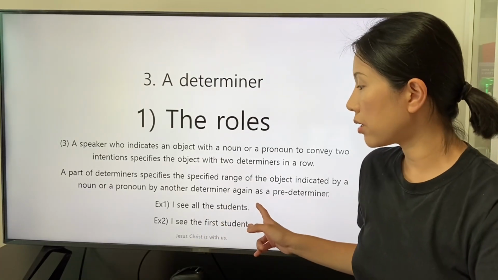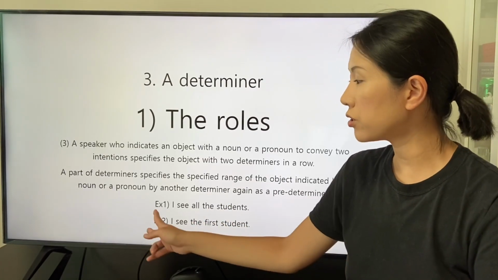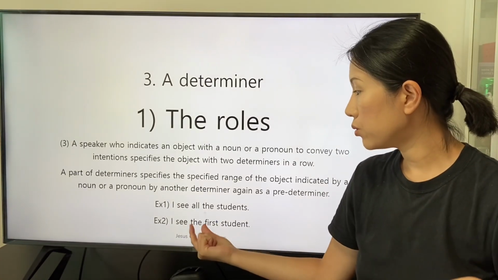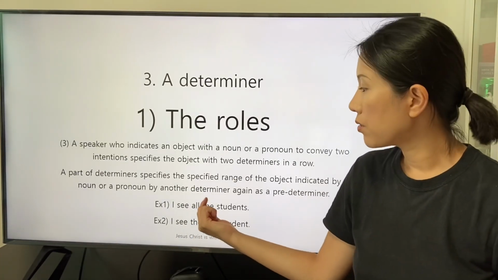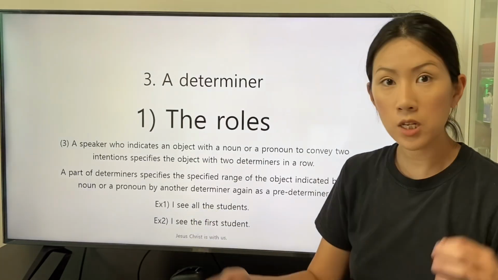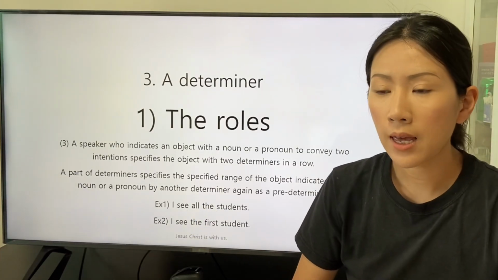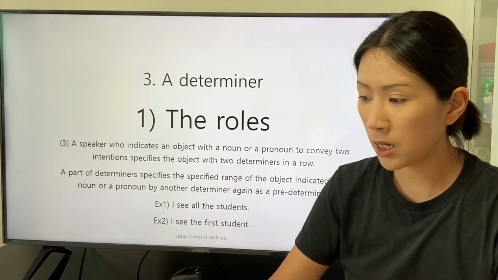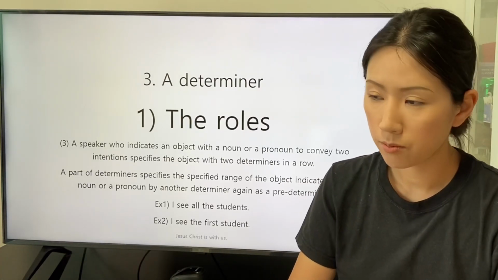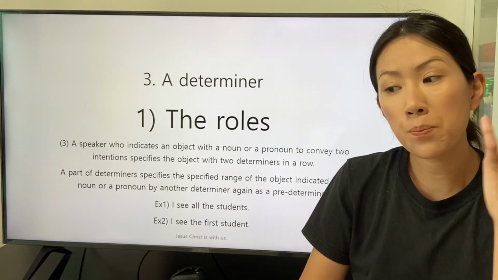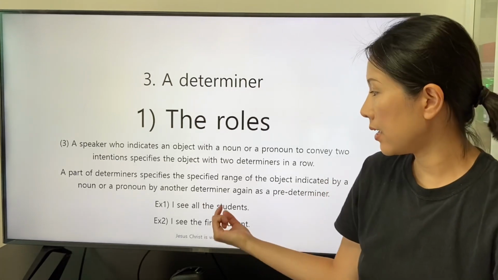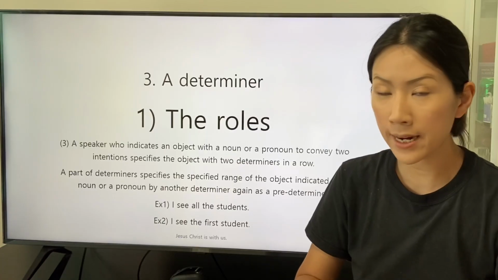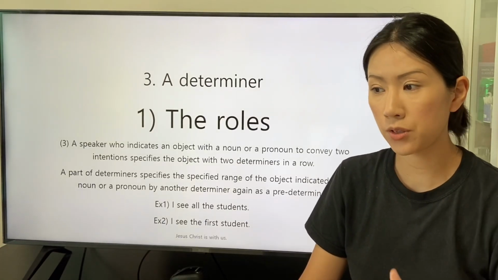There are two clauses. The two clauses include the two determiners. The first determiner can be identified as a predeterminer, and the second determiner can be identified as the determiner.